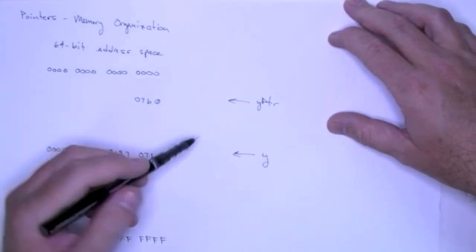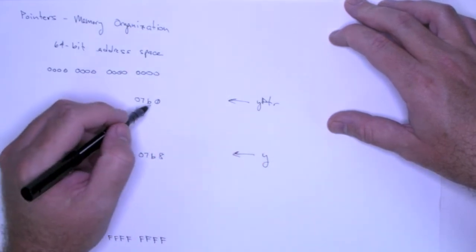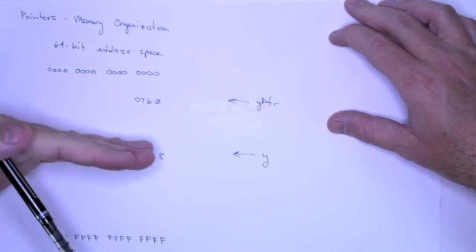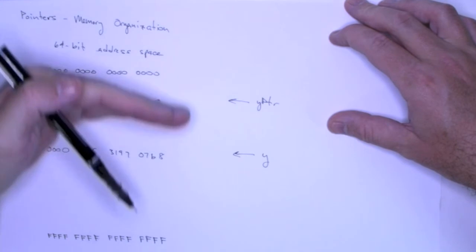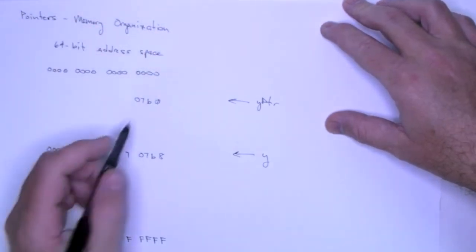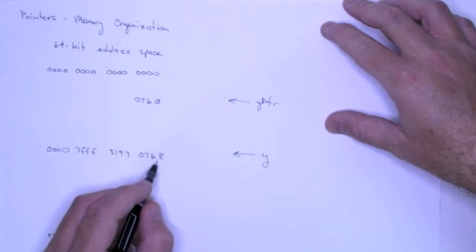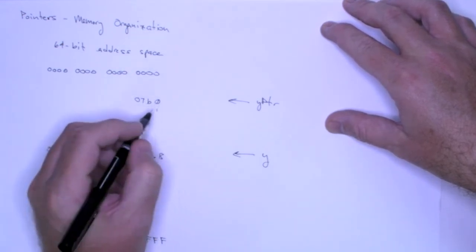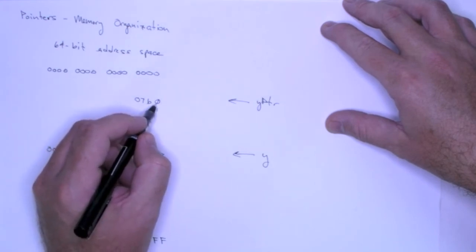And notice that we declared Y first, and it went here, and then Y pointer, which we declared second, actually went above. So the program as it's running is filling memory up like this. Also notice that we have 0 here and 8 here, which suggests that there are 8 memory locations between here and 8.